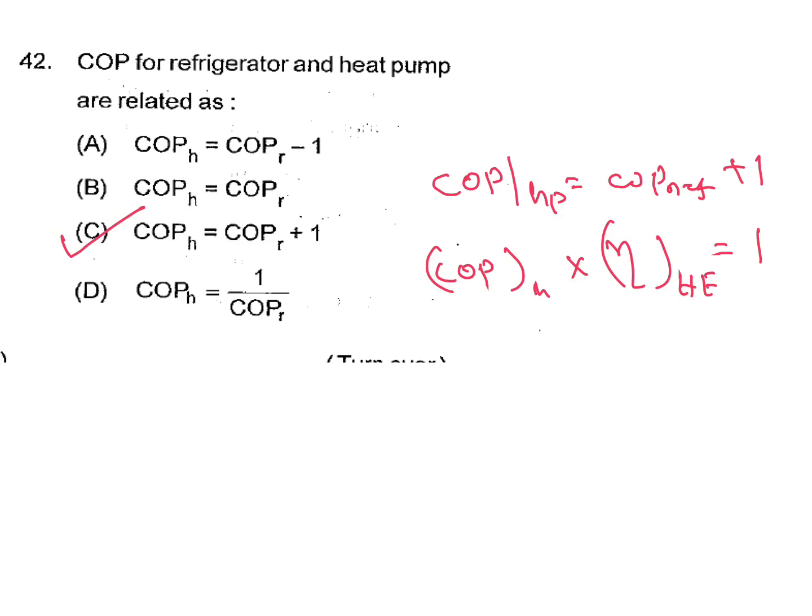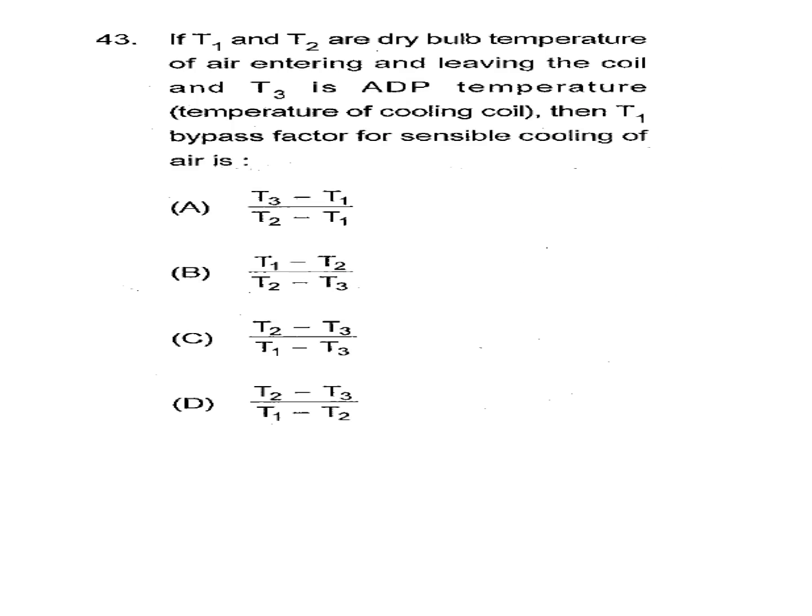Question is, if T1 and T2 are dry bulb temperature of air entering and leaving the coil, and T3 is the apparatus dew point temperature of cooling coil, then the bypass factor for sensible cooling of air is how much?